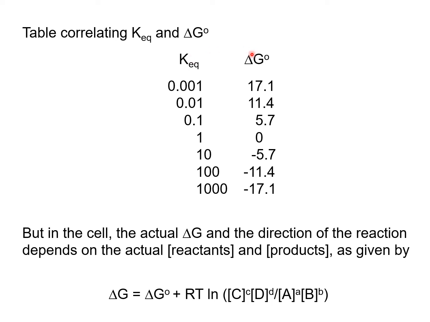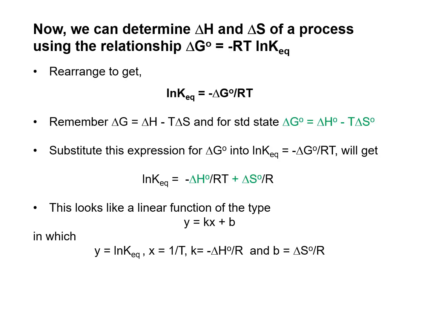And here's the relationship that shows that just small changes in delta G naught lead to huge changes in KEQ values. And here we bring up again delta G naught equals minus RT ln KEQ.